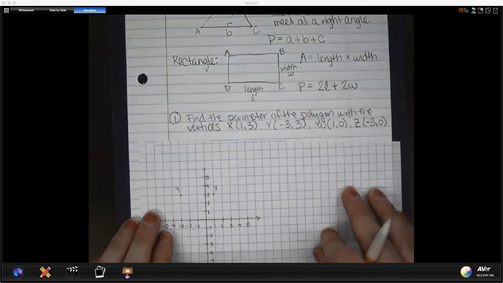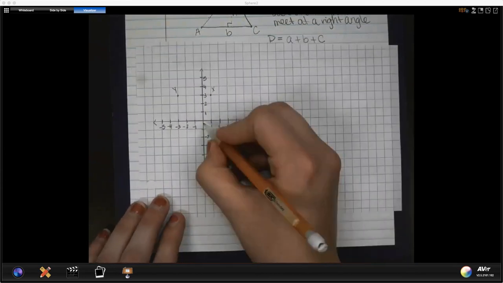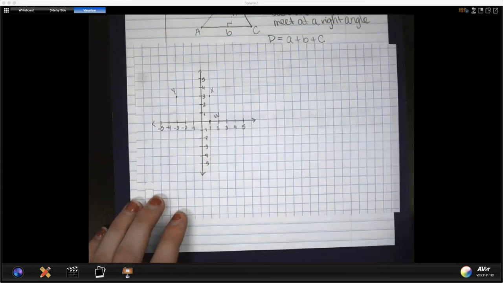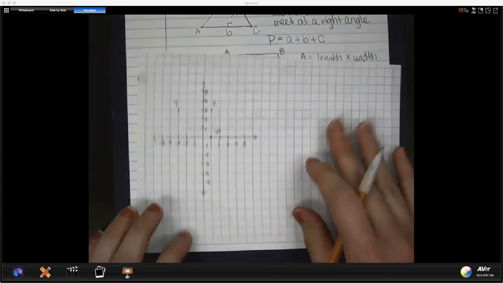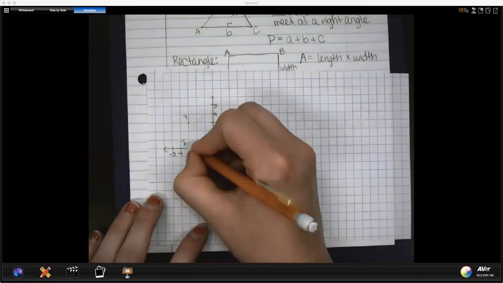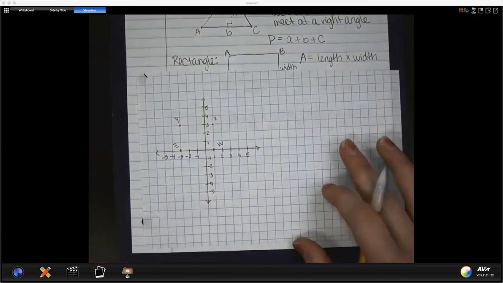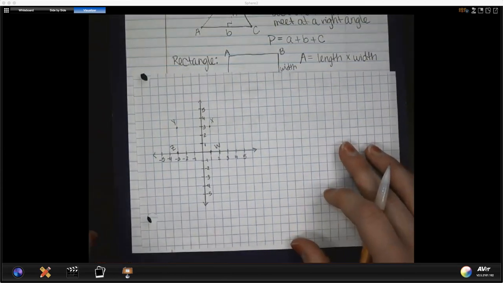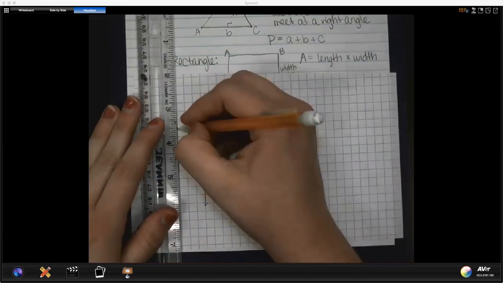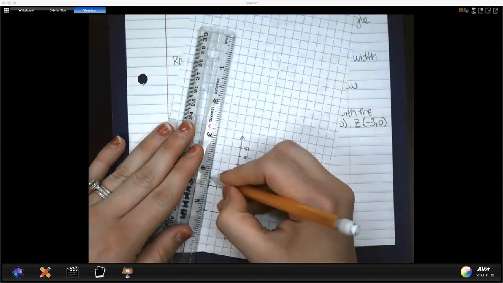Then we have W, which is at 1, 0. I don't have to go up or down, just left and right. And -3, 0. Once you have your 4 points, you can go ahead and connect your points, draw on the sides of your polygon.